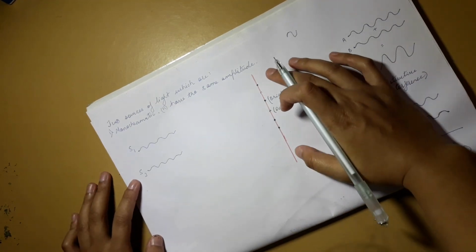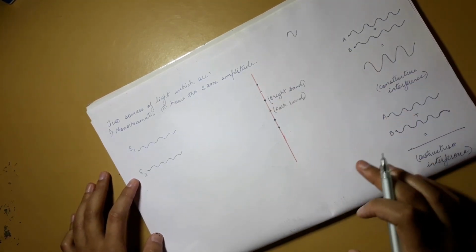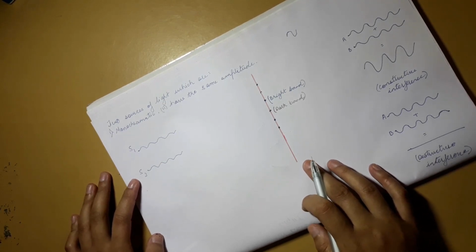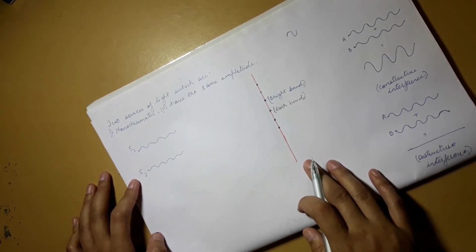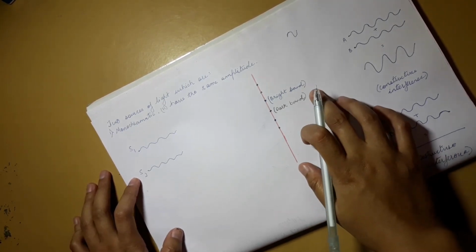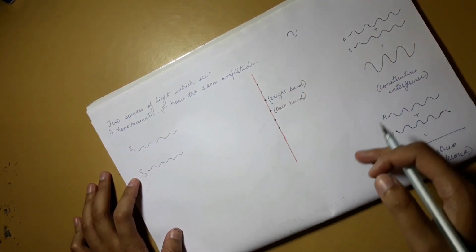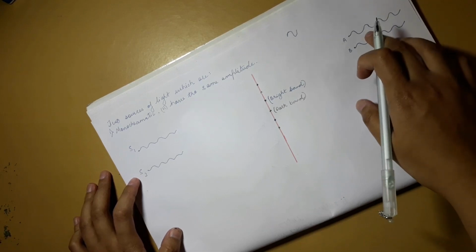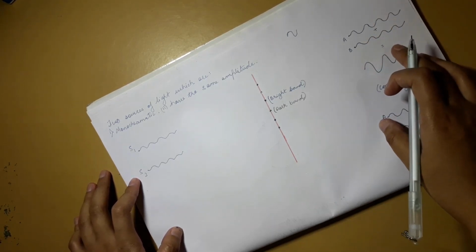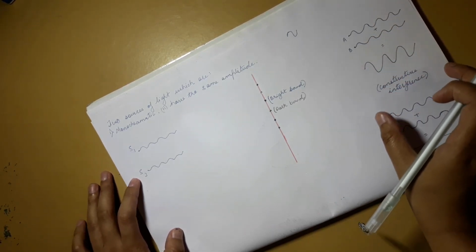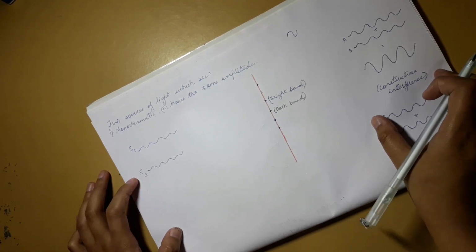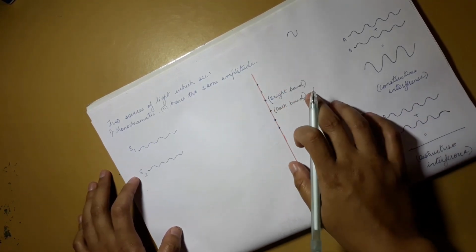In this manner, you can go to different points on the screen at equal distances and you will find bright and dark fringes. The bright fringes occur because, like I have explained earlier, the crest of one wave hits the crest of the other wave, and as a result, constructive interference takes place, and therefore you get a bright band.